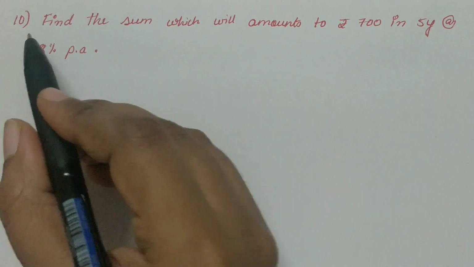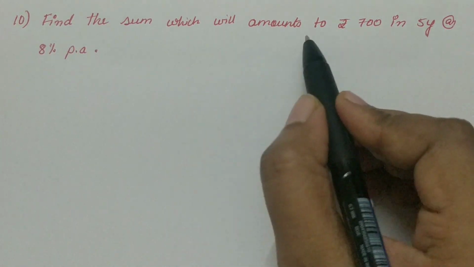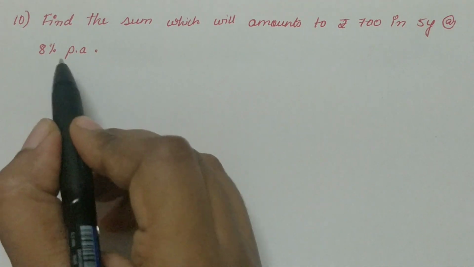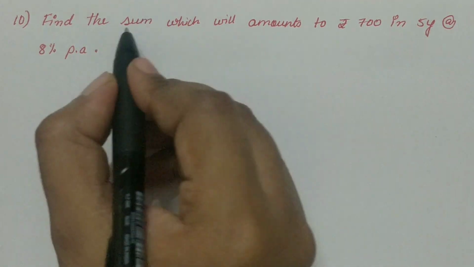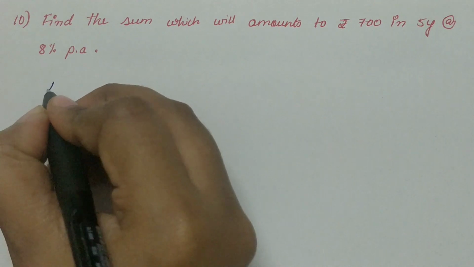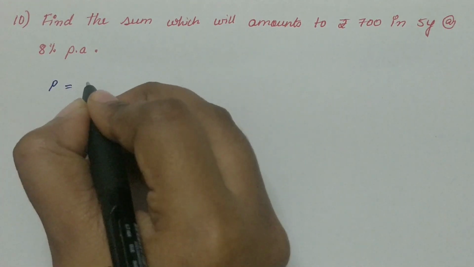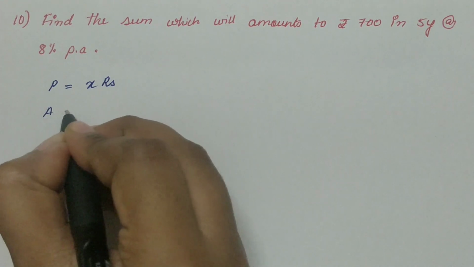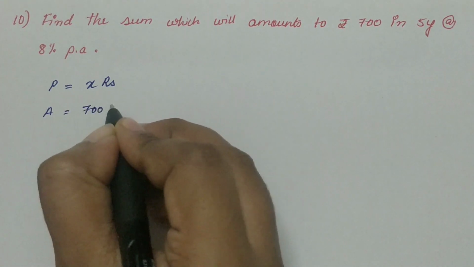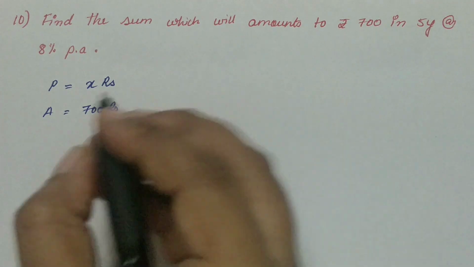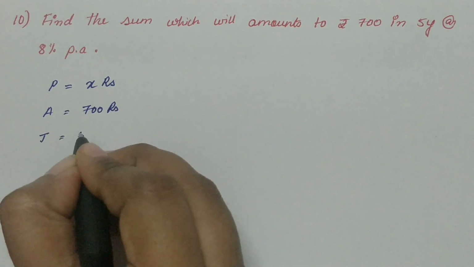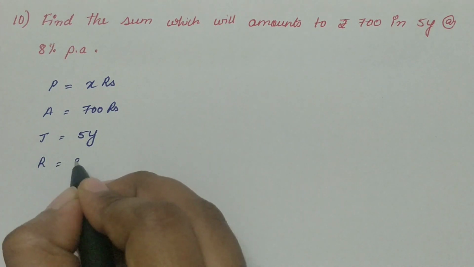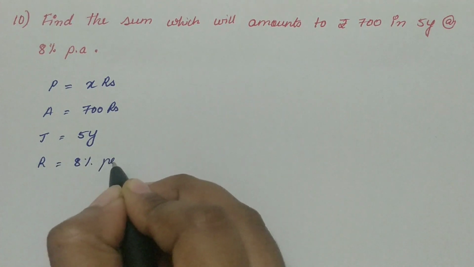Tenth one, find the sum which will amount to rupees 700 in 5 years at 8% per annum. Let the initial sum be x rupees. So principal equals x rupees, amount equals 700 rupees, time equals 5 years, and rate of interest equals 8% per year.